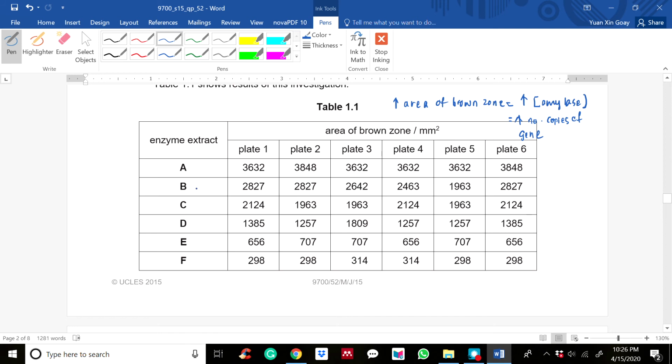It is shown in Extract B in plate 5, 1963. And you have this 1809 on the Extract D in plate 3.